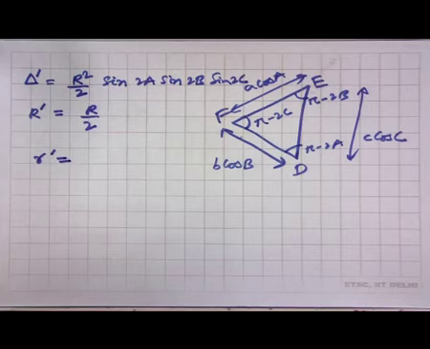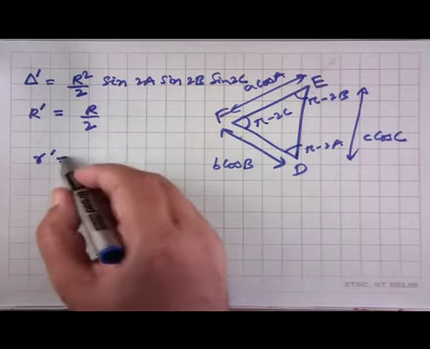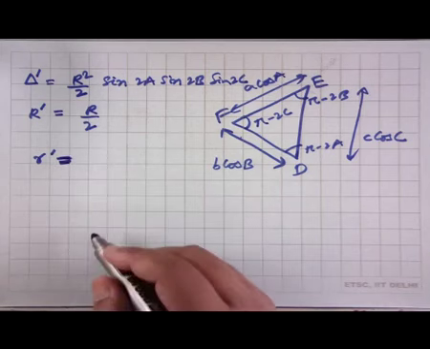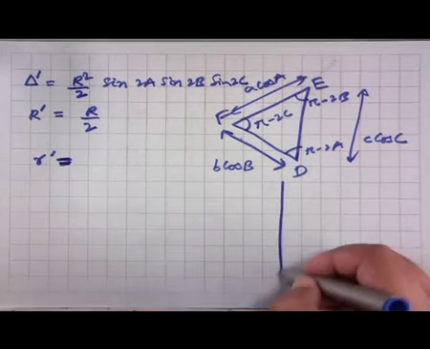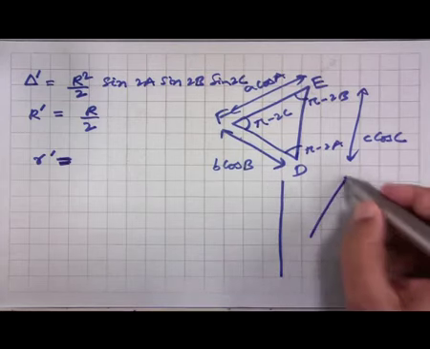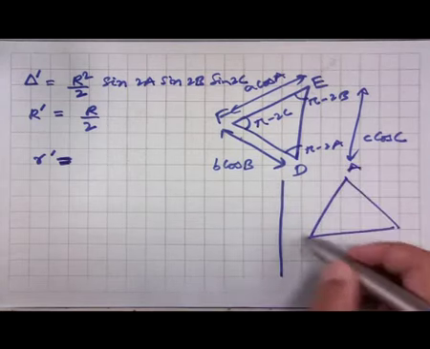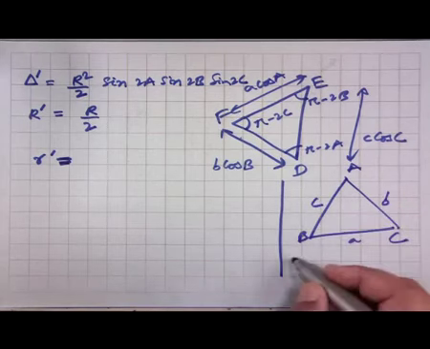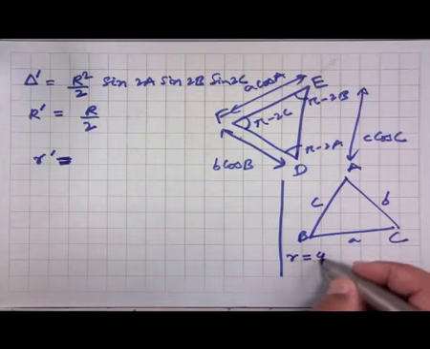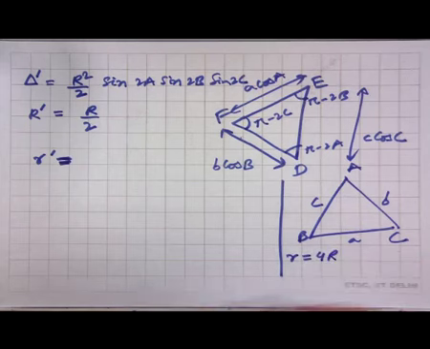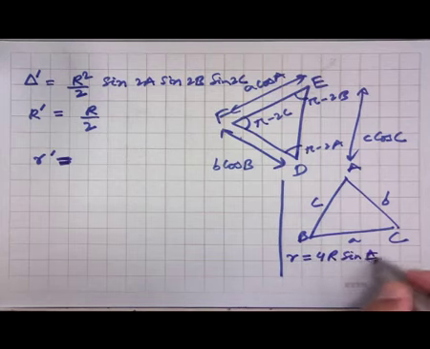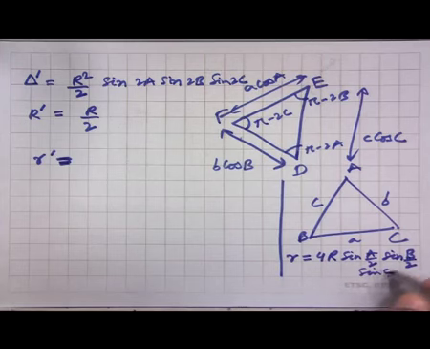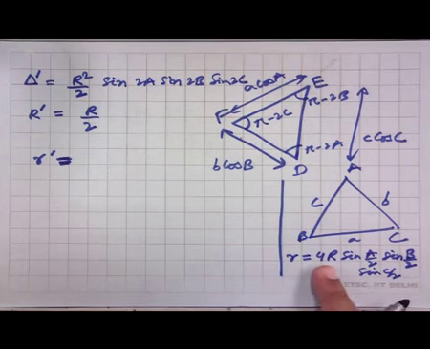If we go back to our previous lectures, we know that for any triangle ABC, the in radius is equal to 4 times the circumradius times sine of A by 2 into sine of B by 2 into sine of C by 2. So, the product of the sines of the half angles times 4 times the circumradius.